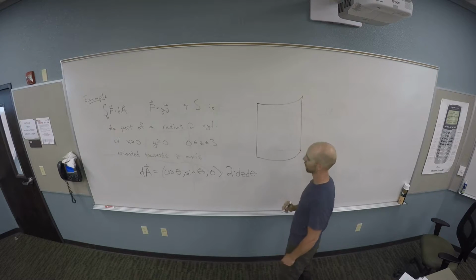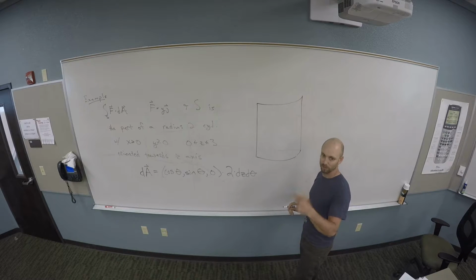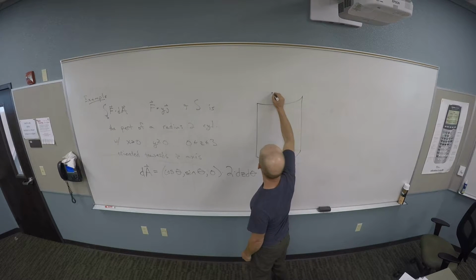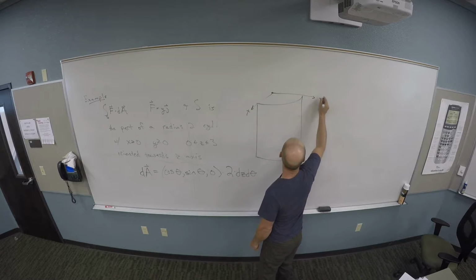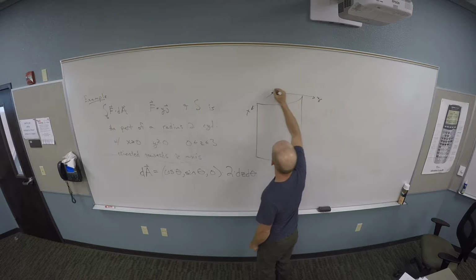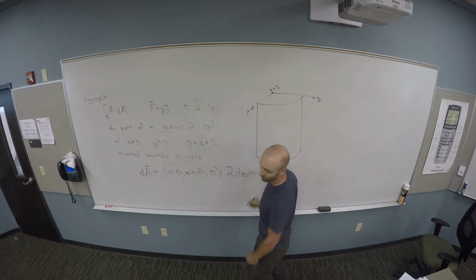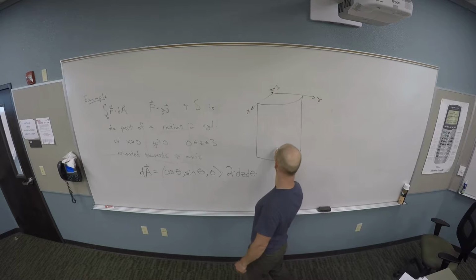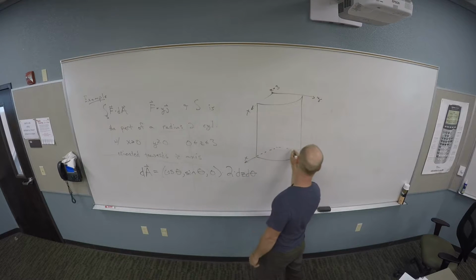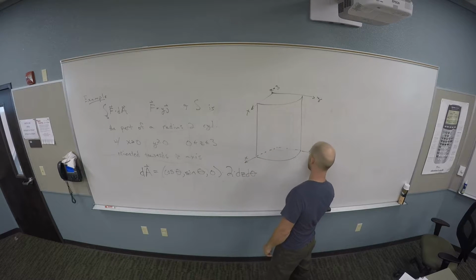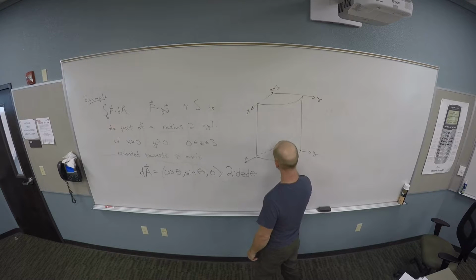So this should be the back half, right? So X goes this way, Y goes this way, and this is the level, Z is 3. At the bottom here, I've got the level, X goes this way, Y goes this way, and this is the origin.